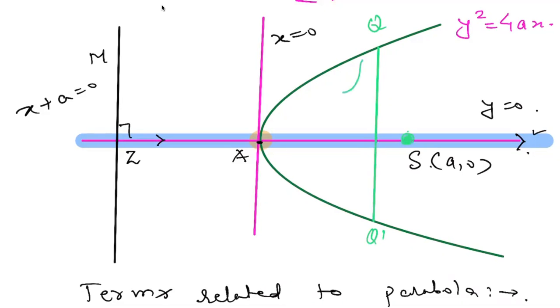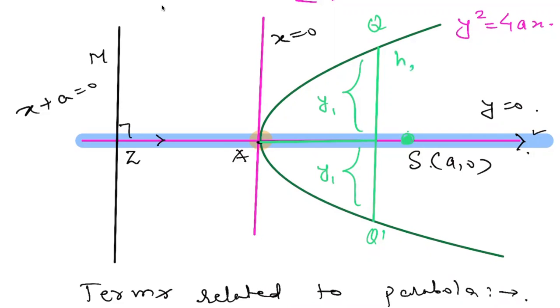So why is this a double ordinate? The lengths of both segments will be the same. If this is y1, then this will again be length y1. So if I'm giving the ordinate, right, y1 and minus y1, and if I say the abscissa, meaning the x-axis, the x of the coordinate, right? Abscissa as h, right?